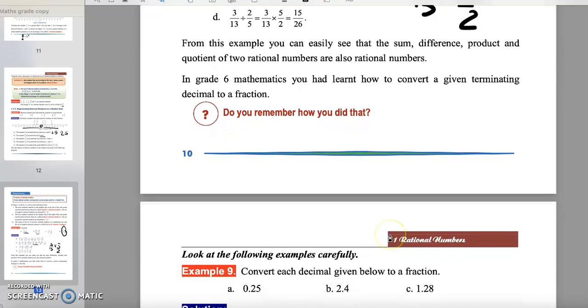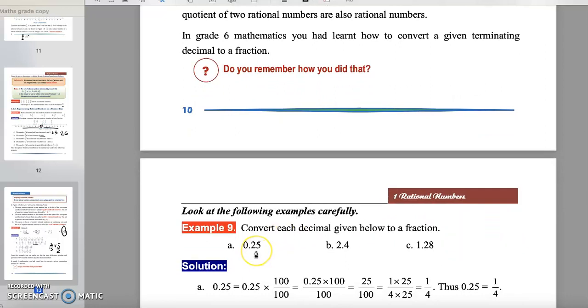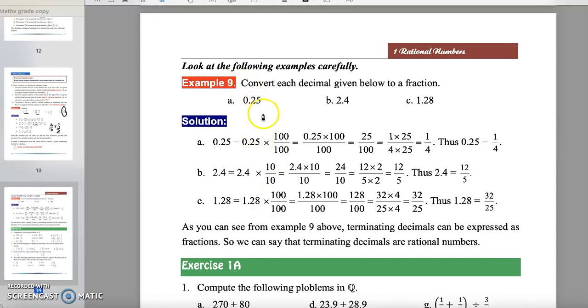The other thing we should know is how to change decimals to fractions. We have already learned it, but let's take this as an example. The first thing we have to do is make this point disappear. In order to get this point out of our number, we multiply by 100, right? 100 times 0.25 makes this point disappear.